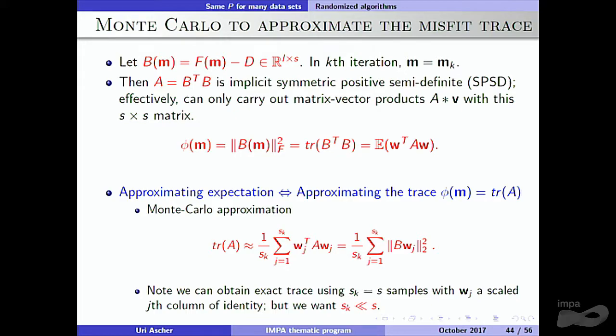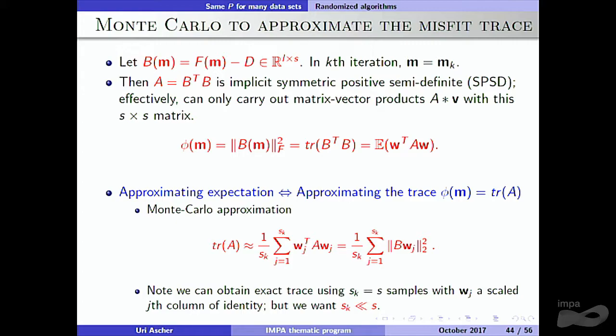For this trace, we can say that if we take random vectors from a certain distribution that has to satisfy some regularity condition, and we evaluate W transpose AW, and take the expectation of this, that is equal to the trace, and therefore equal to the objective function.